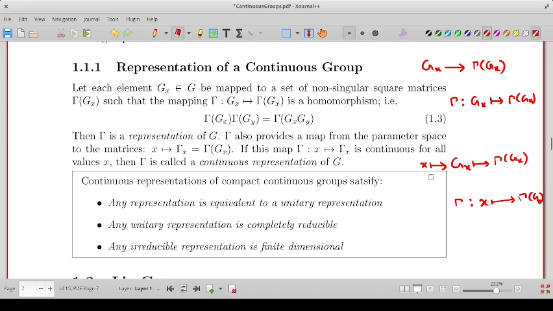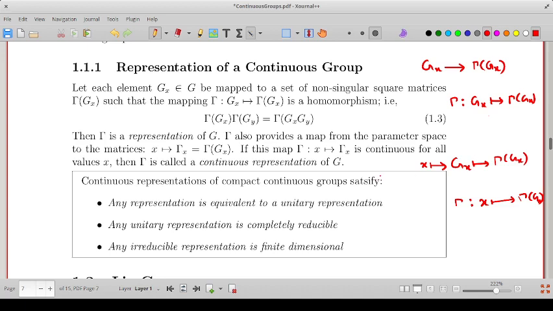And if the implicit mapping defined by this, from a given point X in the parameter space to a matrix gamma Gx, is continuous, then the representation is called a continuous representation of the group.